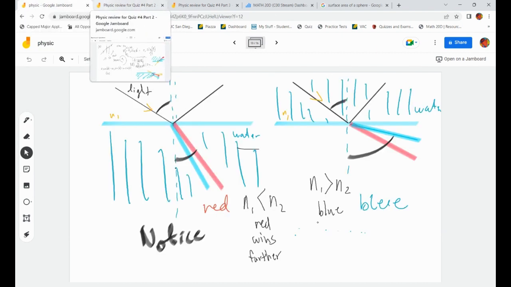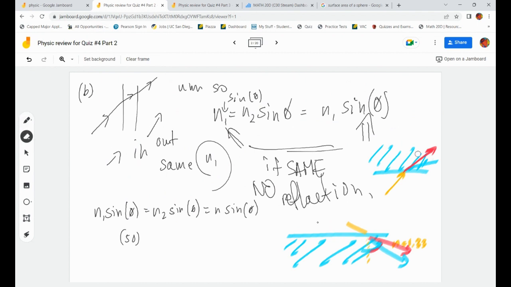Oh shit, I'm doing it the wrong way. Sorry, confusion. So sorry. Blue first over here and then red second when light comes in.